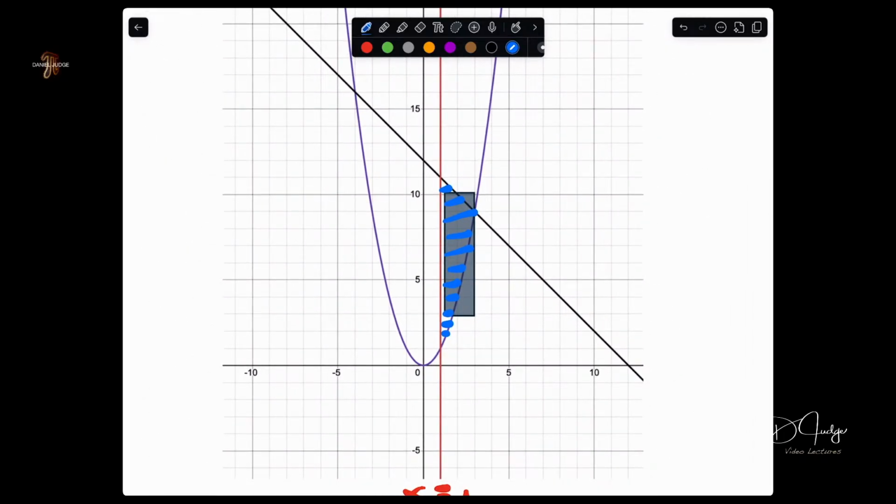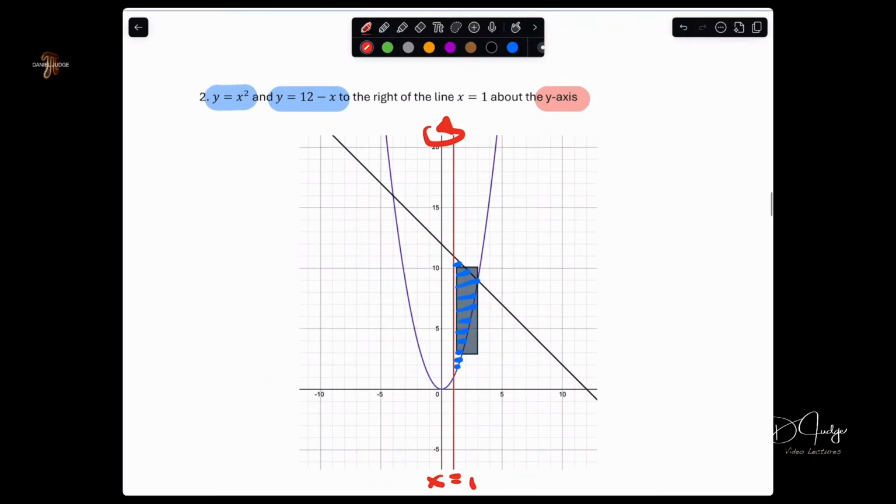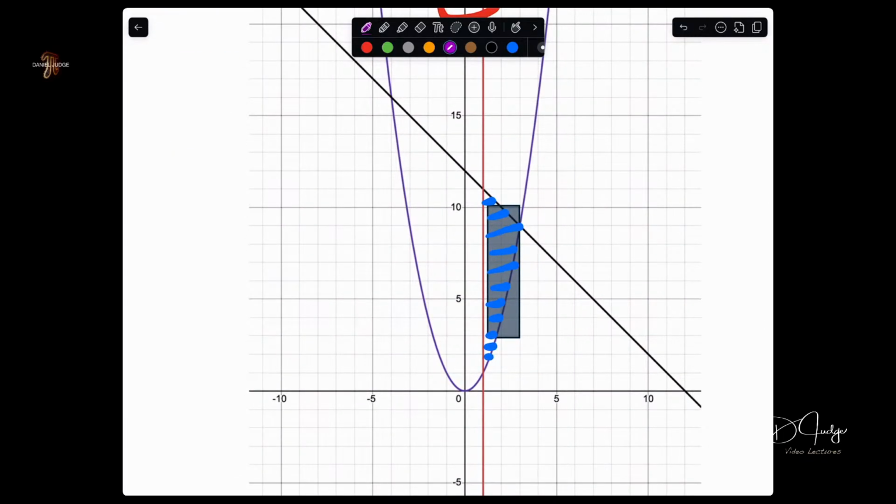All right. So again, we're going to revolve that region about the y-axis here. So let's take a look. And when we do, that approximating rectangle is on the other side there. We generate a solid.